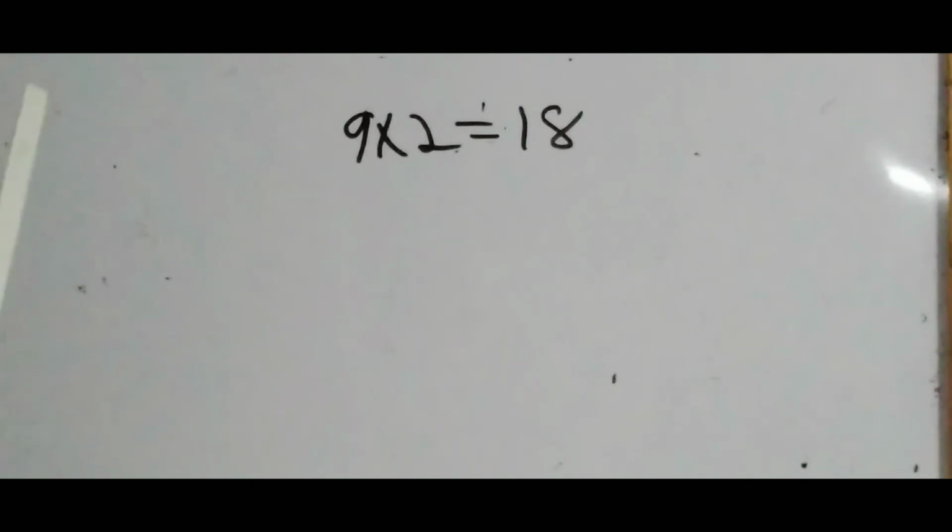Now, here we have 9 multiplied by 2 equals 18. Very simple. So we are going to start very simple and develop in a step-by-step manner. I hope you have been studying your timetables or your multiplication tables. Let's move on to another one, and we're going to take it a little step further.